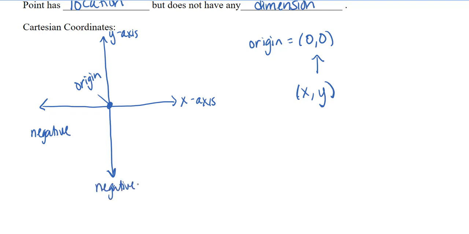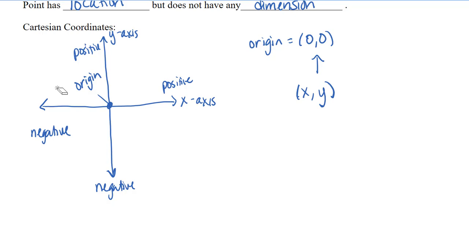If we go to the right or up, that's positive. This is positive x. This would be a positive y if we're anywhere above it. It could be over here, but that would be a positive y value, even though it's a negative x value.